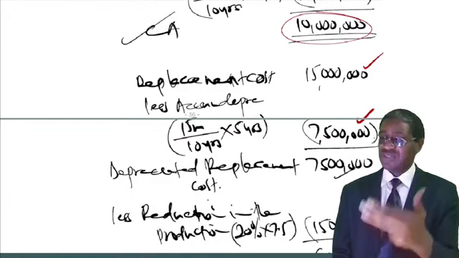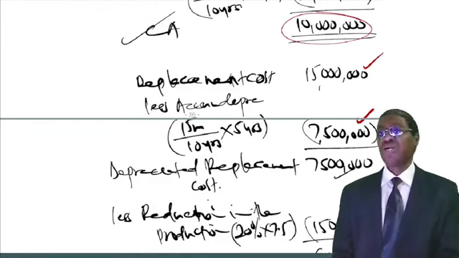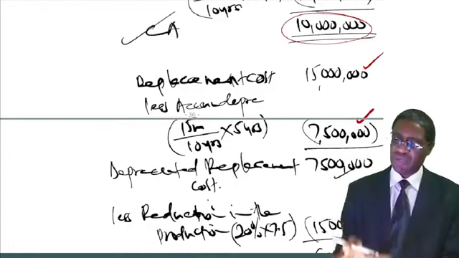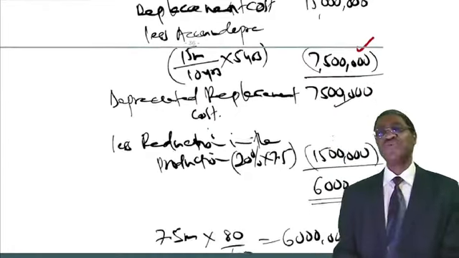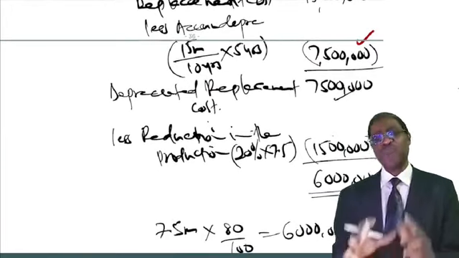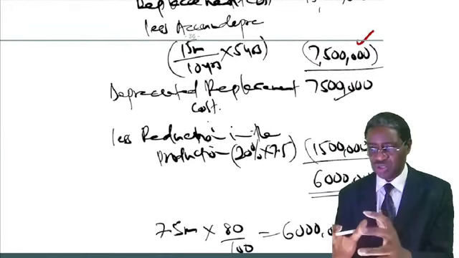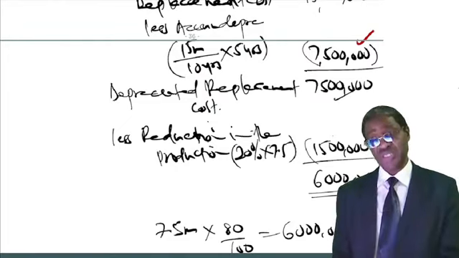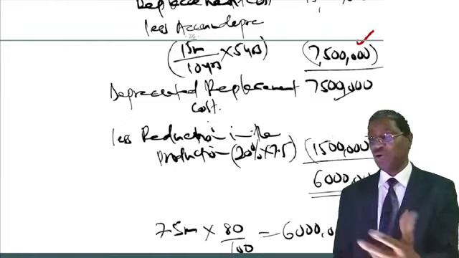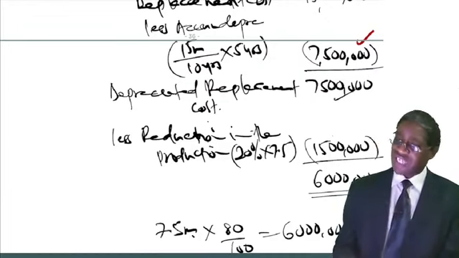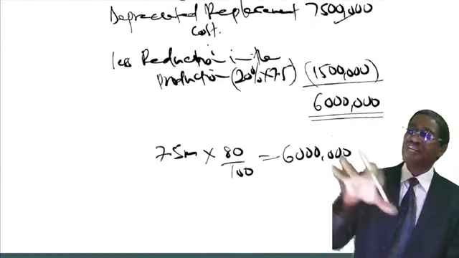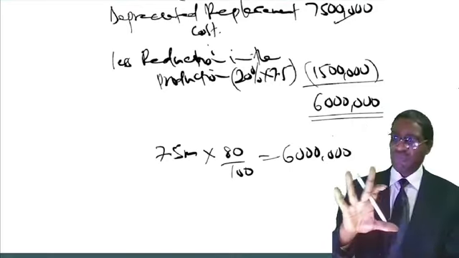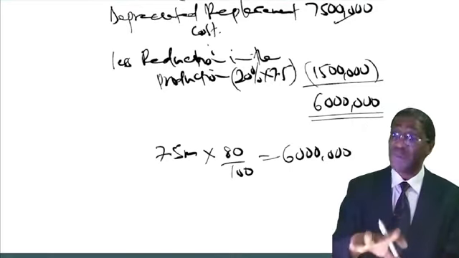Method 3, service unit approach. Again, once you get the depreciated replacement cost, you minus the proportion of the reduction in the efficiency of the machine. In other words, take the proportion of the remaining service potential on the depreciated replacement cost.